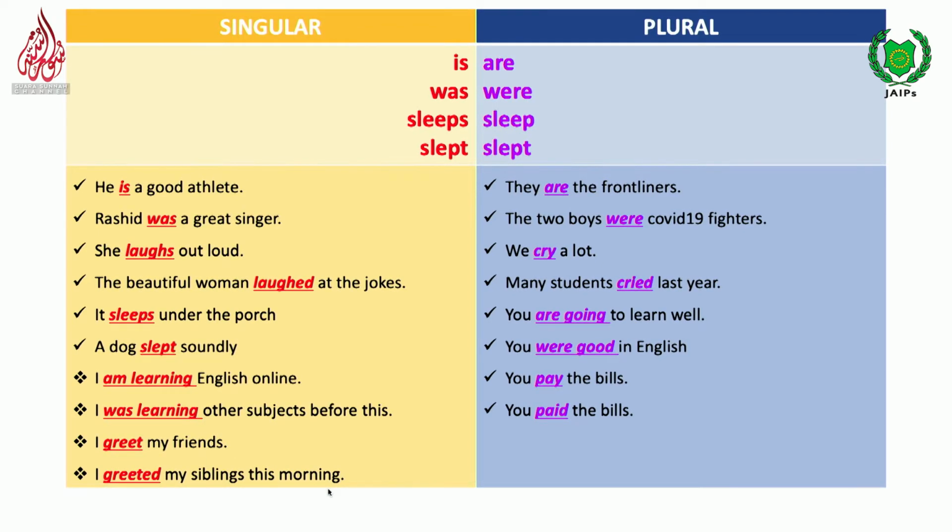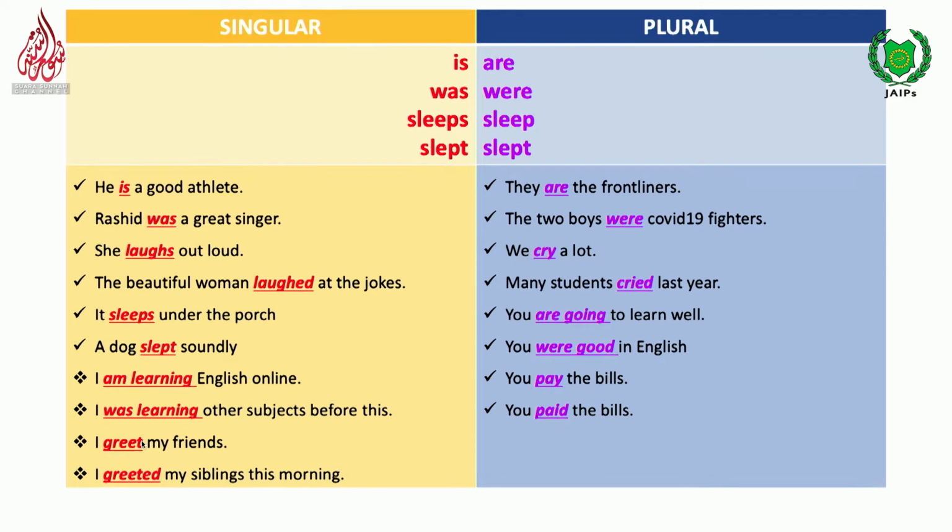So we have over here, he, Rashid, she, the beautiful woman, it, a dog, and I. So these are all the singular subjects, and so they take singular verbs, which is, was, laughs, laugh, sleeps, slept, am learning, was learning, greet, okay, this is something special, okay.